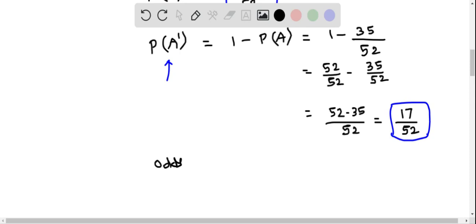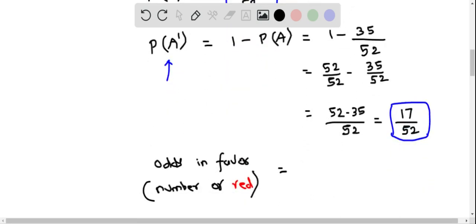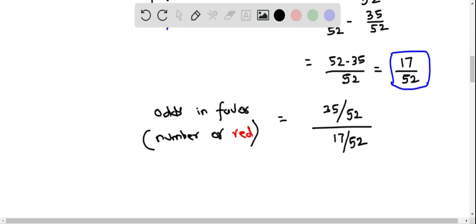So therefore the odds in favor of drawing a number or red card equals P of A. I'm going to replace P of A, which is 35 over 52, divided by P of A prime, that is 17 over 52. Let's simplify this.